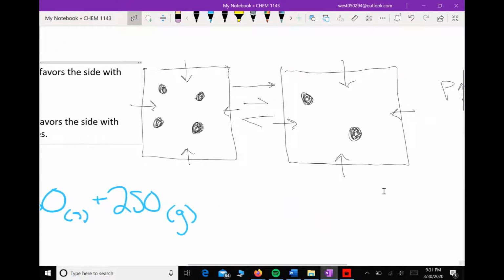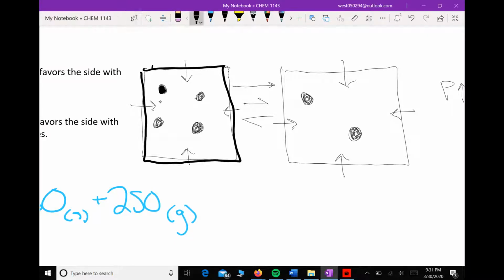If you have two glass jars, as shown here, one contains 4 molecules of gas and the other contains 2 molecules of gas, and you increase the pressure from all sides to both jars.